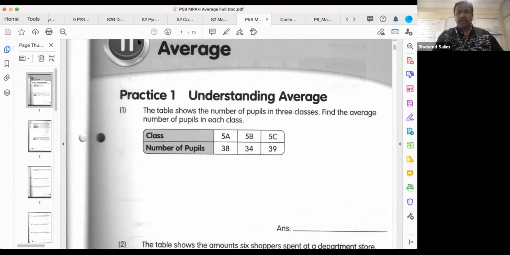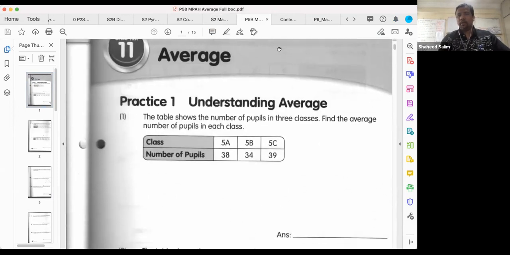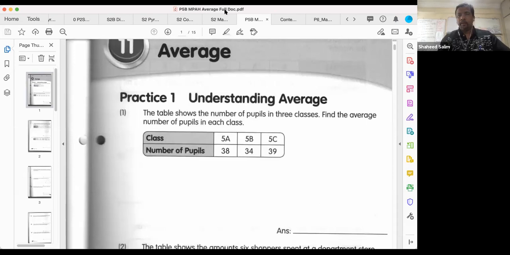Okay, if you forgot the formula, remember Mr. Tan. T A N. Mr. Tan. So to find average, it is total divided by number.